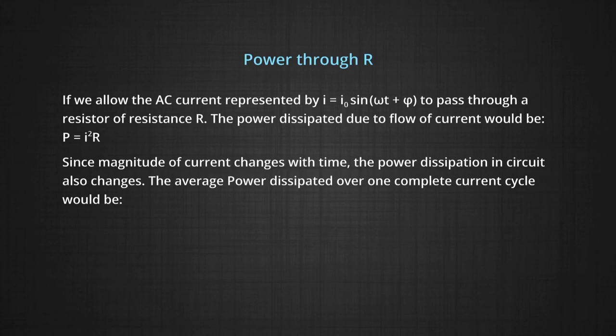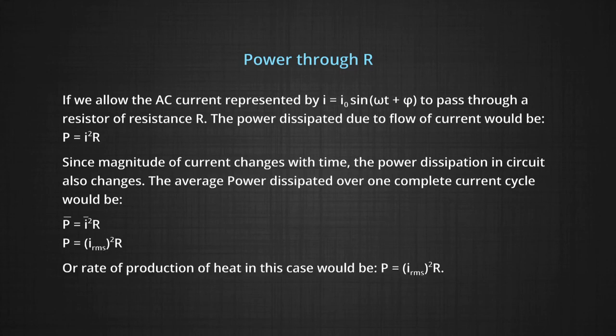That is, the average power dissipated over one complete cycle would be P equal to I squared R, which is equal to I RMS squared R, or the rate of production of heat in this case would be P equal to I RMS squared R.